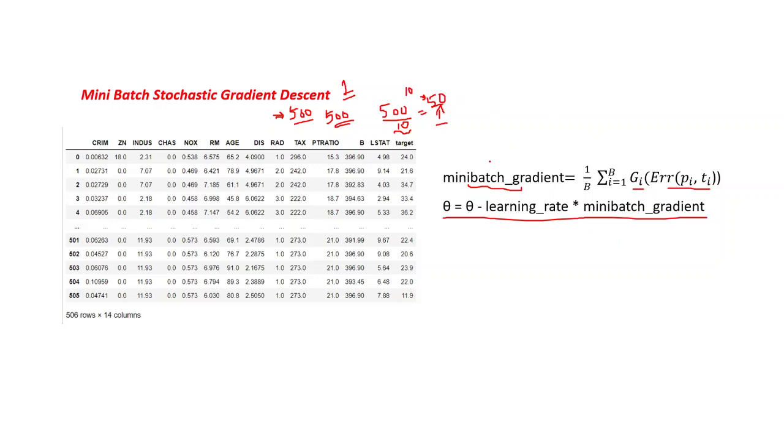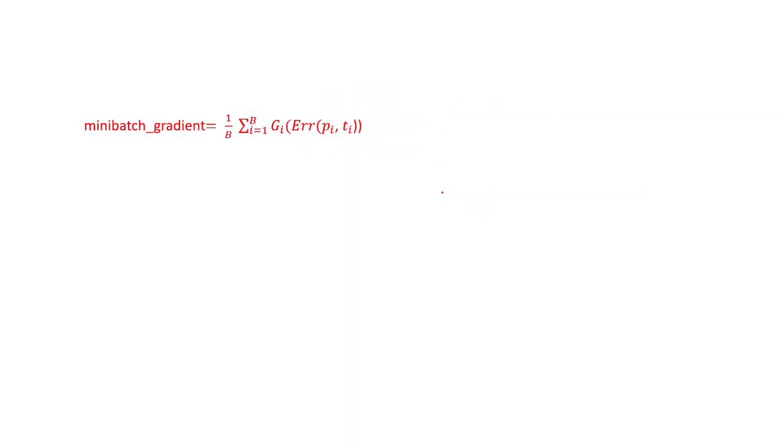Now this particular equation is wonderful, because if you only remember this equation, you will not have to remember separately the batch gradient descent, mini batch, or the stochastic gradient descent. When the value of B is equal to 1, this becomes a stochastic gradient descent.